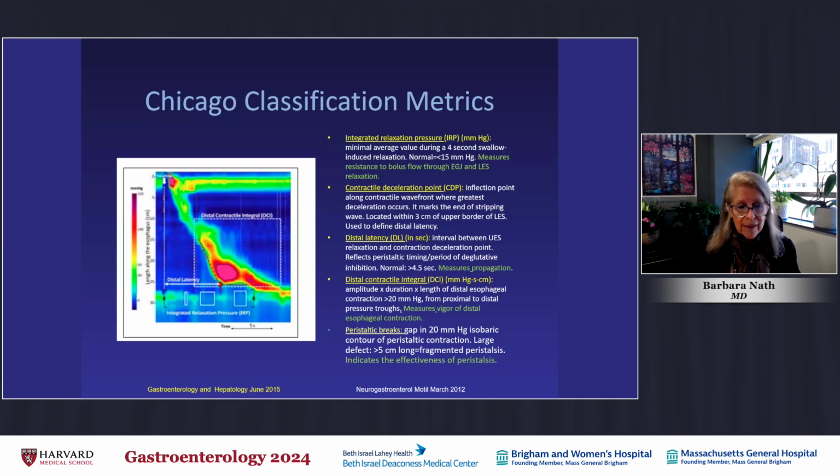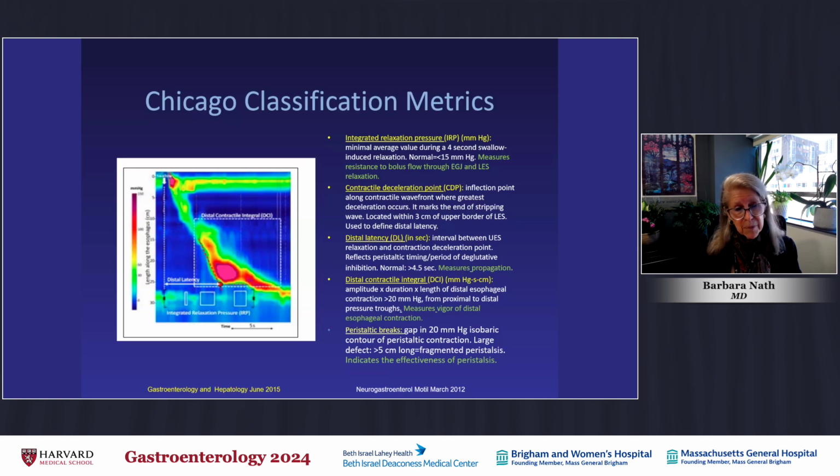The contractile deceleration point here is the end of the peristaltic wave. It is really used to quantify the distal latency, which is a measure of propagation. And that number is determined by dropping a perpendicular from the pharyngeal spike to the contractile deceleration point. The distal contractile interval, or the DCI, is a measure of the vigor of the distal esophageal contraction, and it's a combination of amplitude, duration, and the length of the contraction.